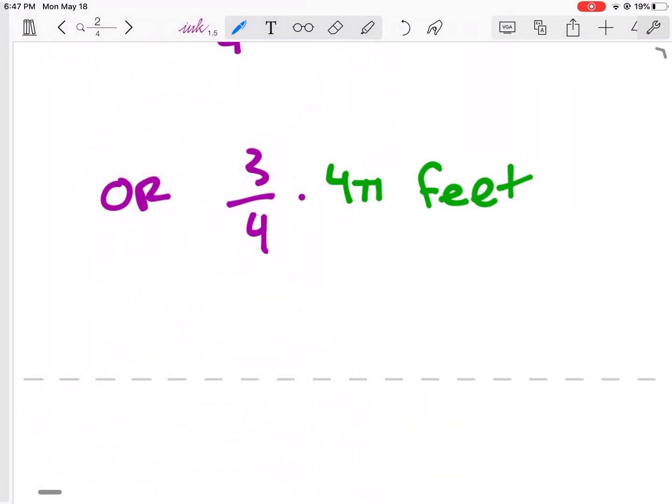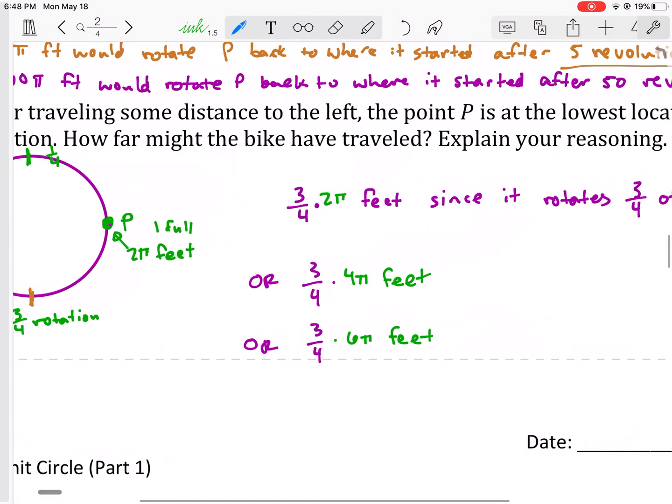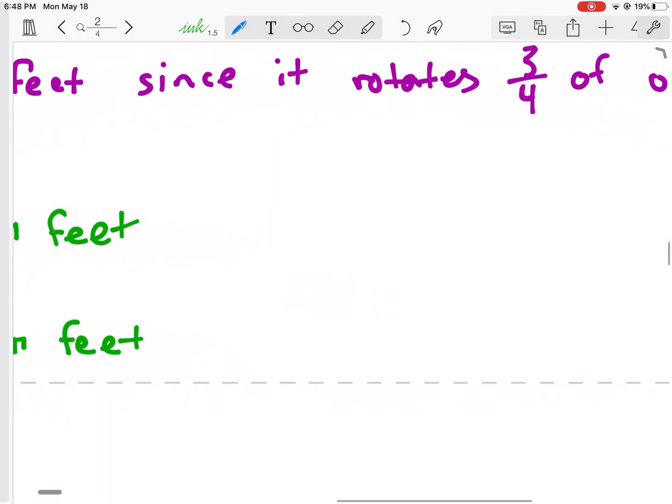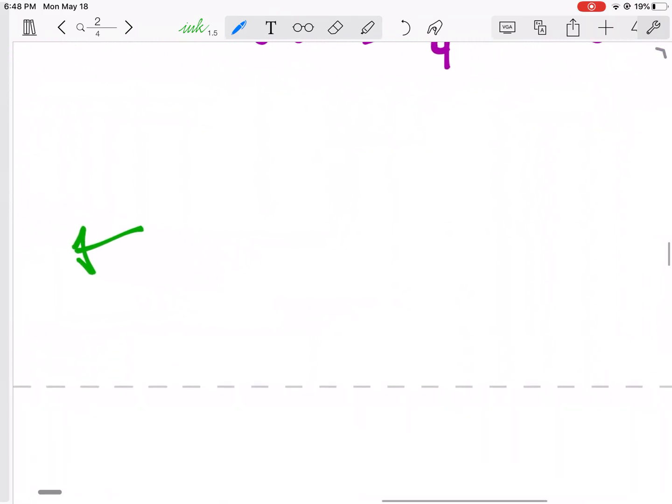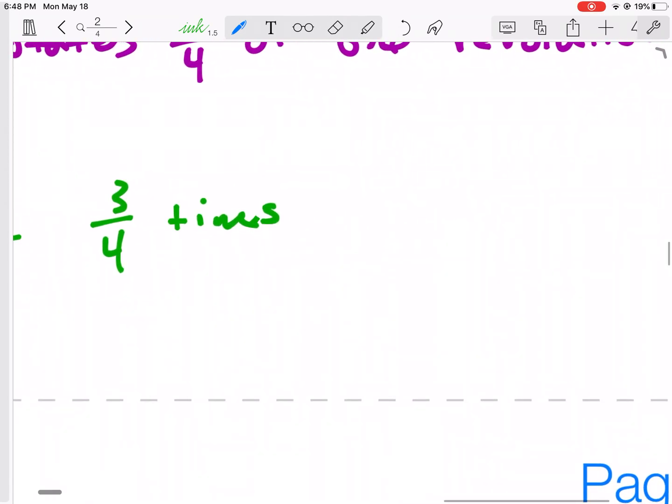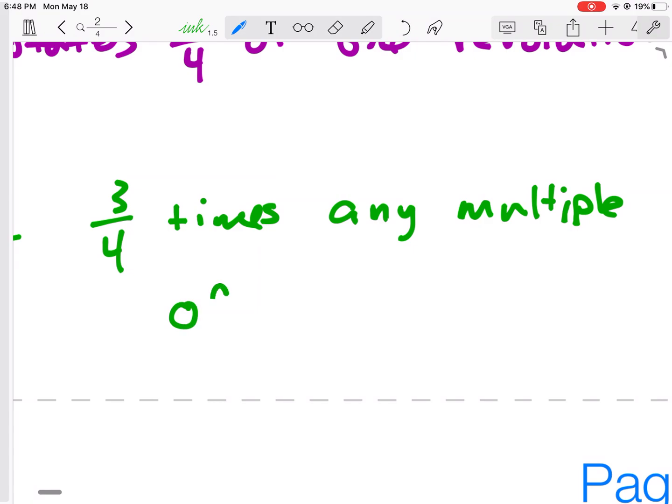So we could say, or 3/4 times 6 pi feet. Think of what would come next. Probably 8 pi, then 10 pi. So really any multiple of 2 pi feet. Or 3/4 times any multiple of 2 pi feet.